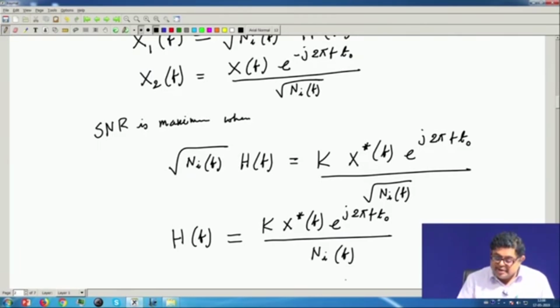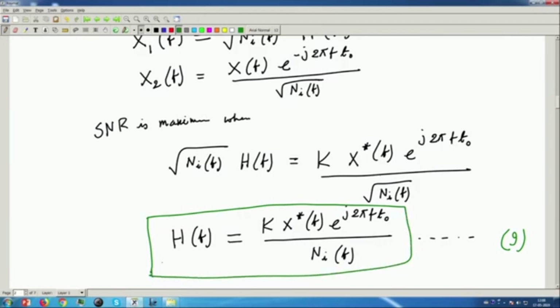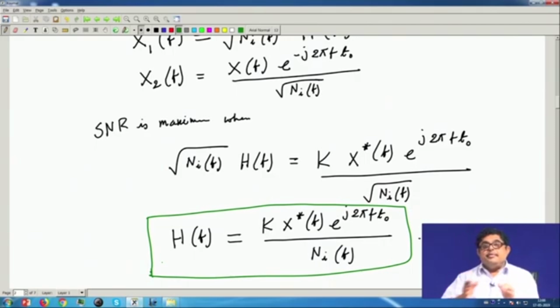This is a very important thing, and I can give it an equation number: equation 9. I am highlighting that this will be used. We were looking for the filter that can maximize SNR.